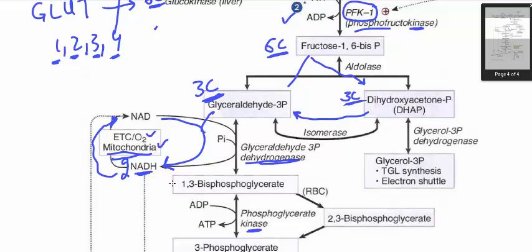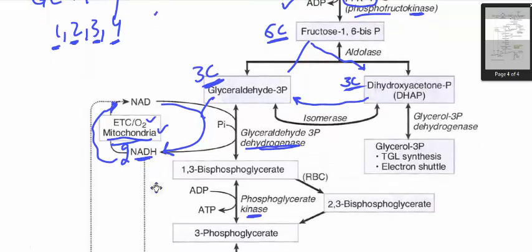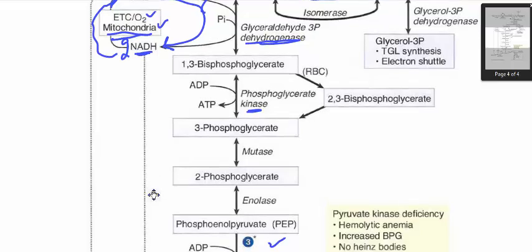And this is anaerobic. In anaerobic conditions, you have to remember two things: there is no oxygen or there is no mitochondria. There is no mitochondria in case of red blood cells, and there is no oxygen in case of anaerobic conditions. In that condition, NADH is oxidized back to NAD.